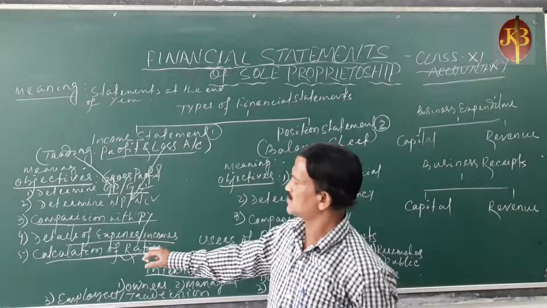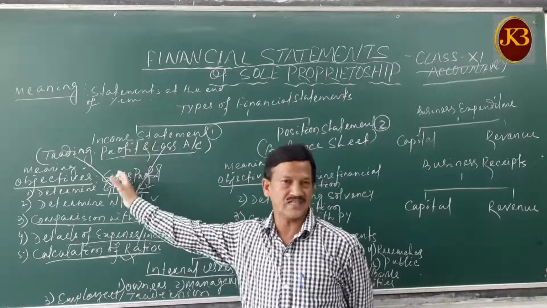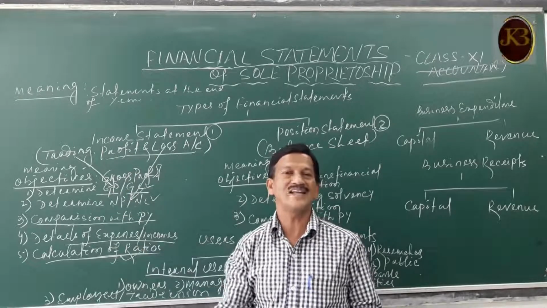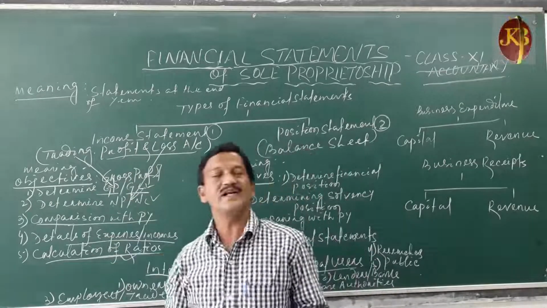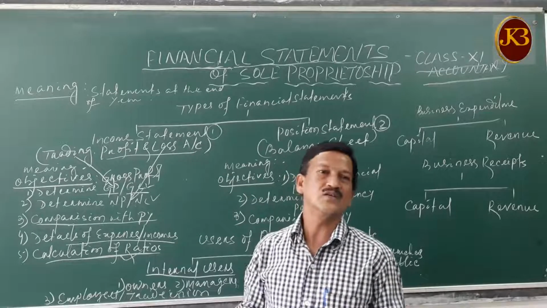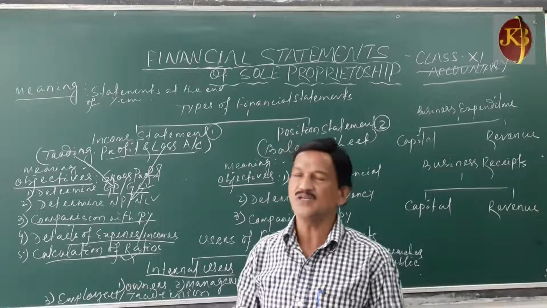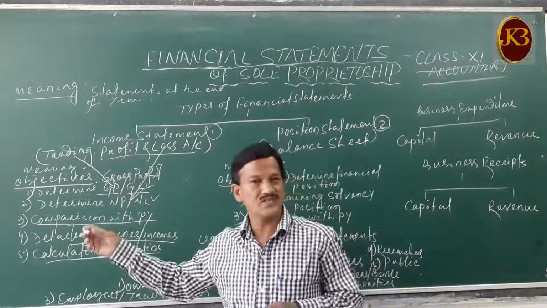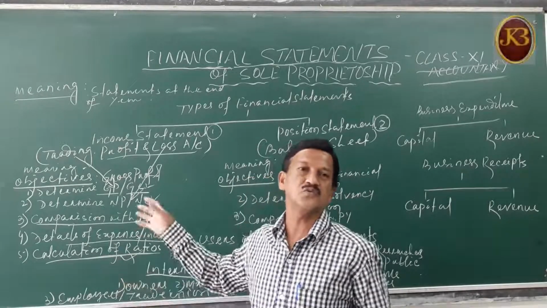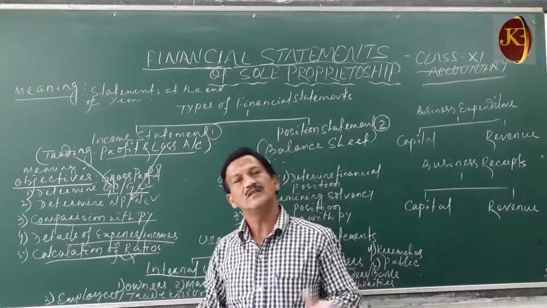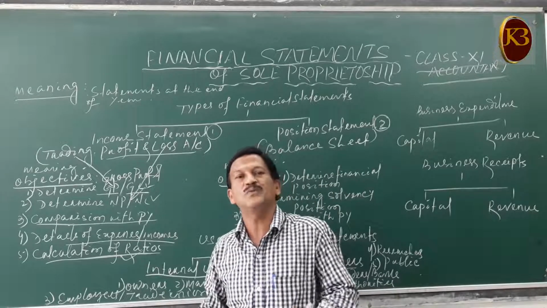These ratios analyze your financial statements: gross profit to net sales, net profit to net sales, that means gross profit ratio, net profit ratio, sales turnover ratios, sales to total cost. Those are the different ratios we will prepare.